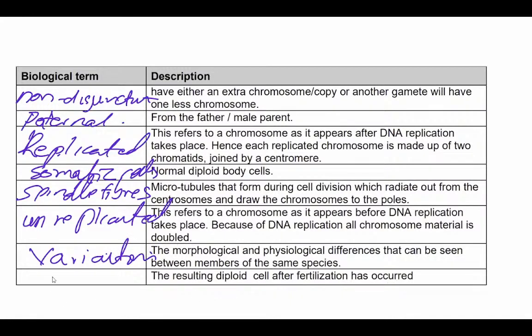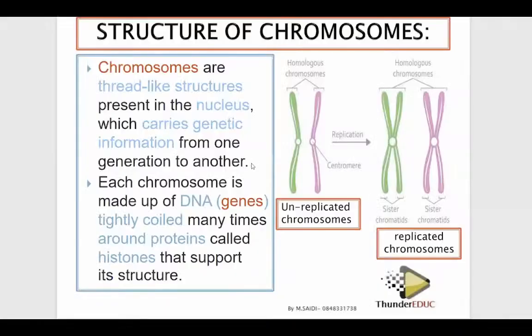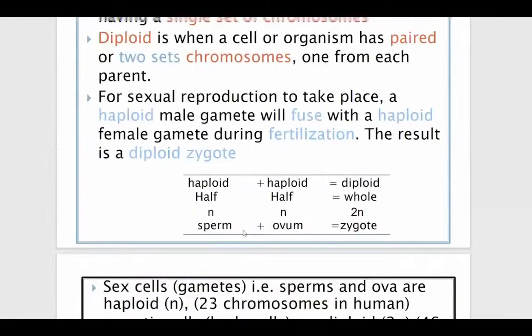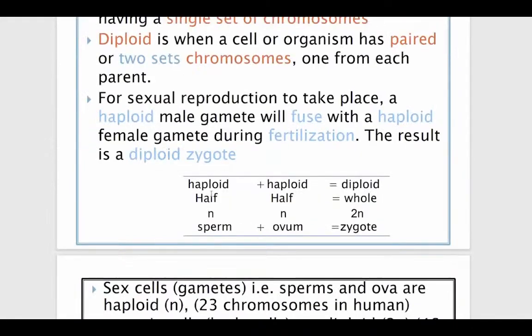And then lastly, the resulting diploid cell after fertilization. When two haploid cells, the gametes, fuse, they form what we call the zygote. So when they divide by meiosis, they become haploid, then they fuse and form diploid. As I showed you here, two haploid cells form a diploid, which is a zygote.